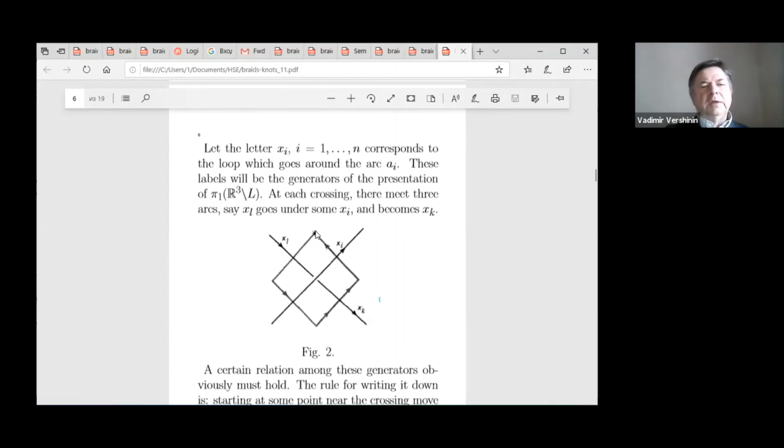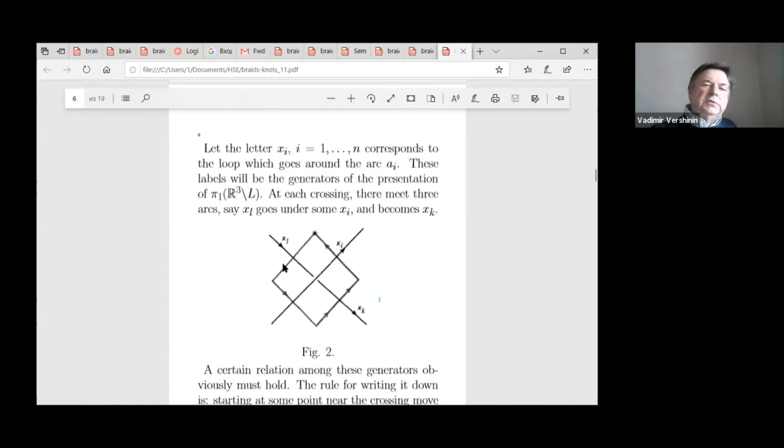So it means that these four paths, if you draw a more convenient picture, then your rectangle is all the time under your knot.